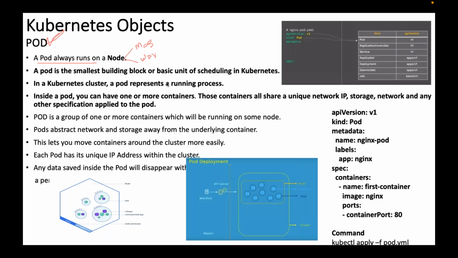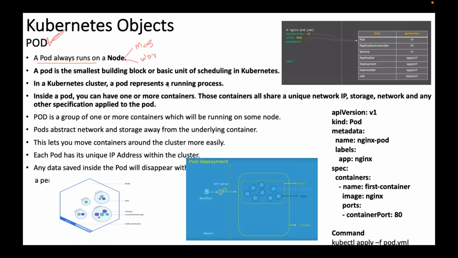What is the smallest resource which we can create in Kubernetes? Basically the pod. When it comes to Docker or Docker Swarm, what is the smallest building block or basic unit of scheduling? The container.